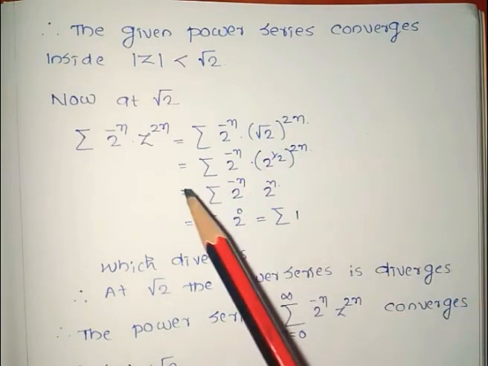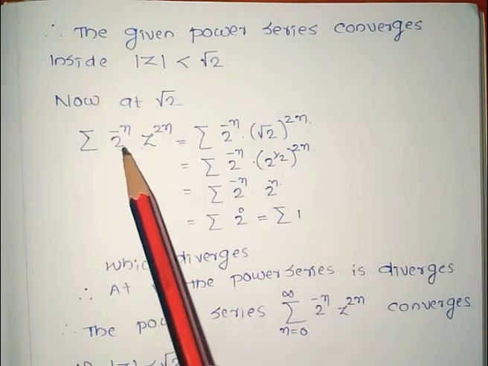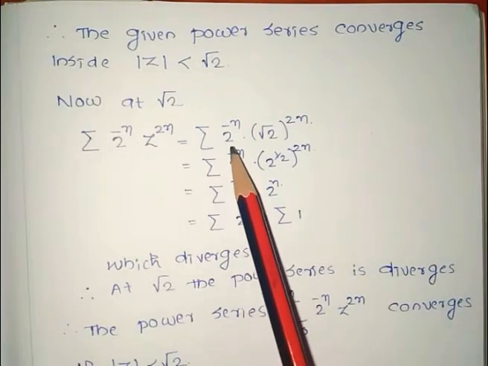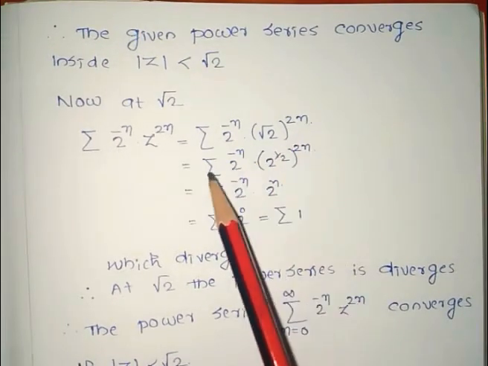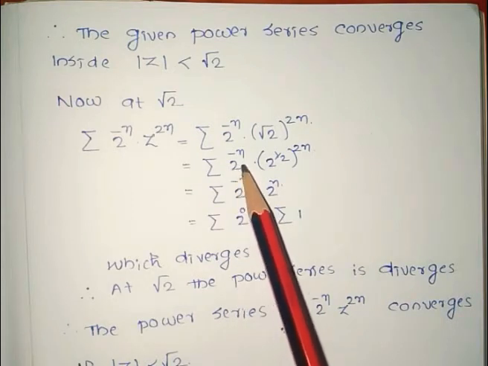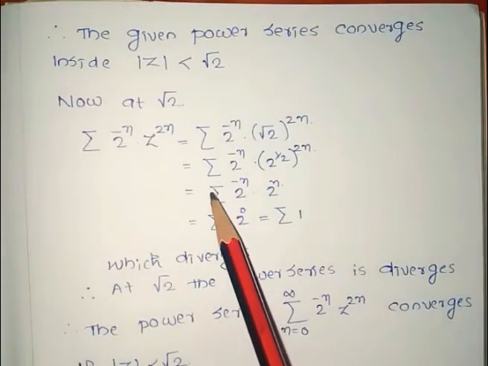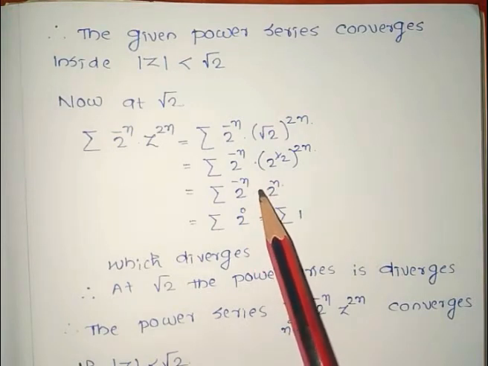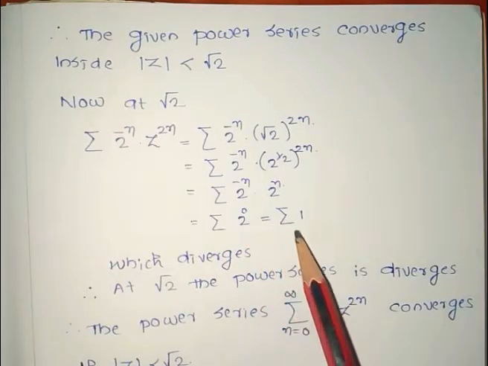So for that, at the point root 2, we are computing summation 2 raised to minus n into z power 2n, which is equal to summation 2 power minus n into root 2 all power 2n, which is equal to summation 2 power minus n into 2 power 1 by 2 all power 2n, which is equal to summation 2 power minus n into 2 power n. Which becomes 2 power minus n plus n, which is equal to summation 2 power 0, which is equal to summation 1.